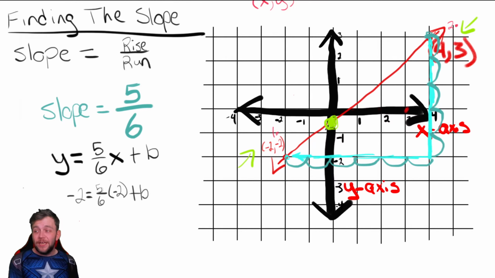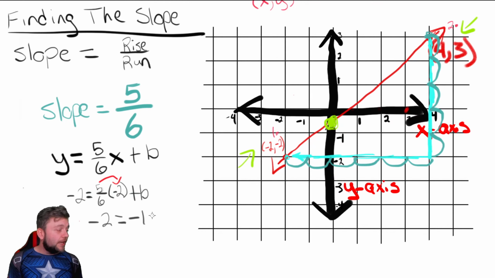How do you multiply that fraction? That's the big question. Don't forget the negative sign. Remember, bad things can happen if you forget the negative sign. So you multiply straight across. So what we have is -2 equals -10 over 6 plus b.